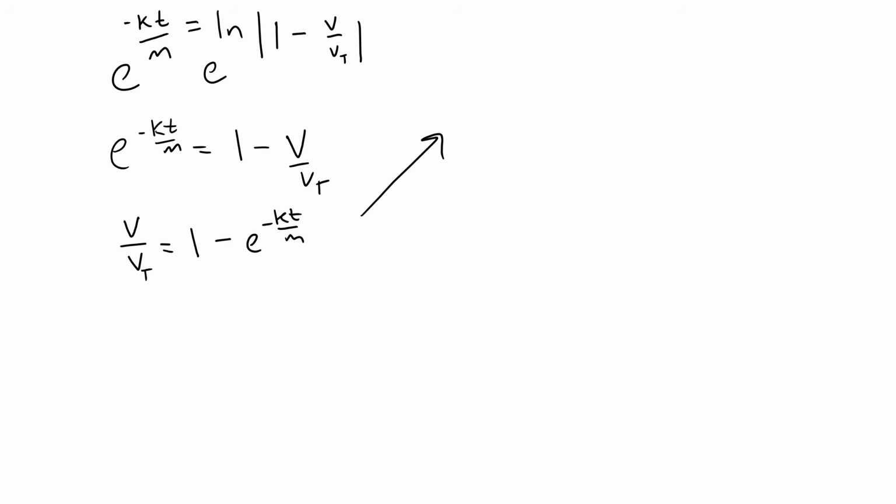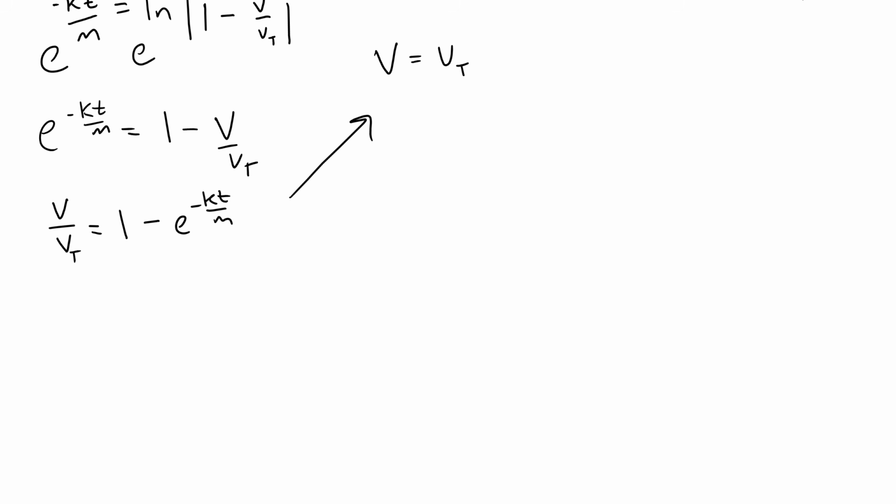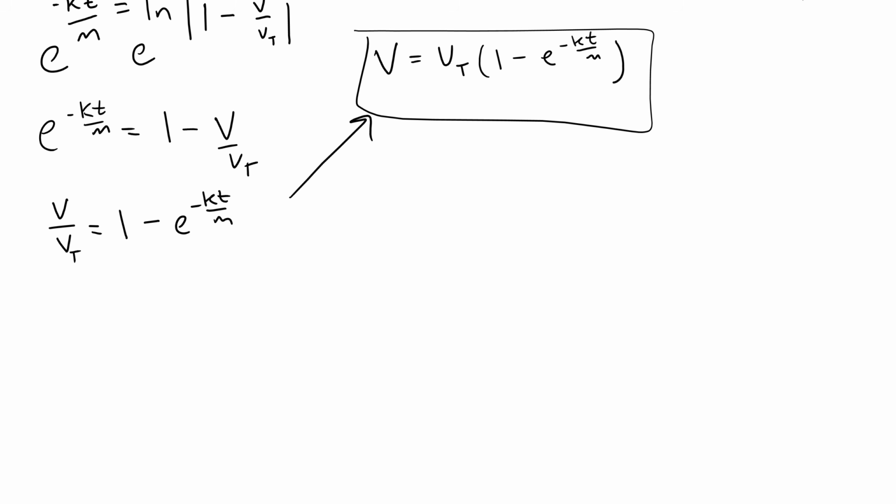So v equals vt times 1 minus e to the negative kt over m. And boom, we have our velocity equation with terminal velocity inside of it.